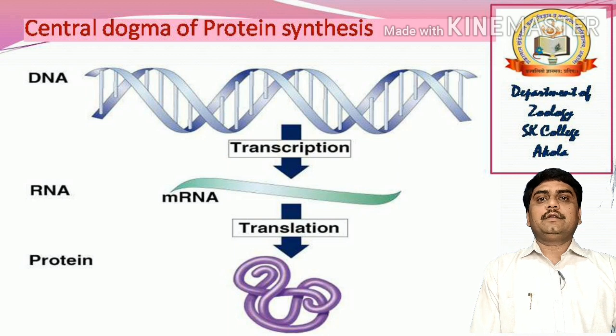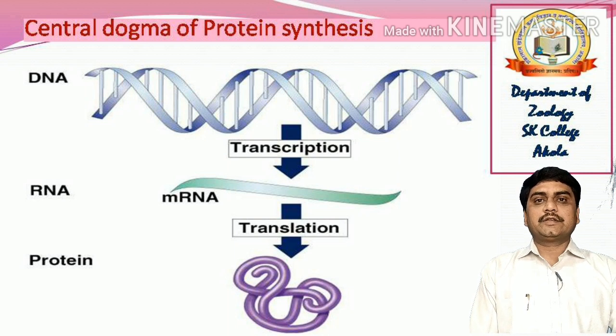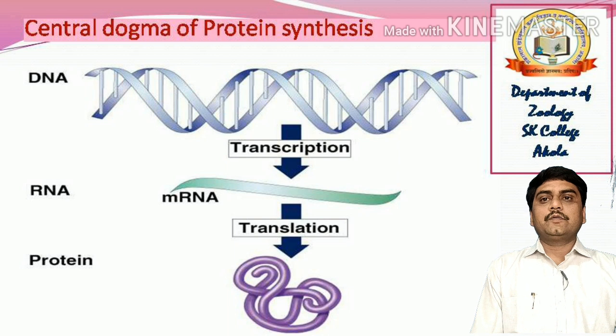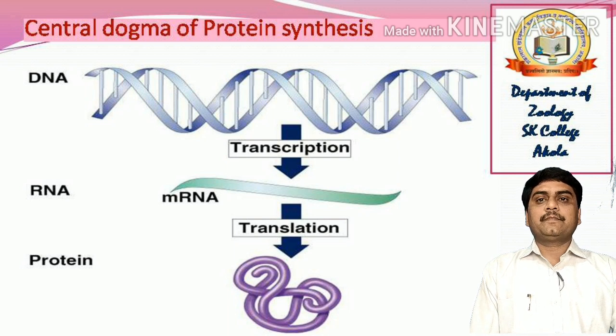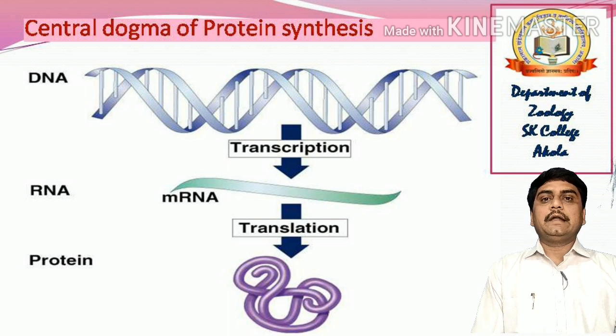On the DNA, transcription takes place, the formation of mRNA, and this mRNA takes a code, a sequence from the DNA, and it gets translated into a particular protein. So this is the basic mechanism or central dogma of protein synthesis.